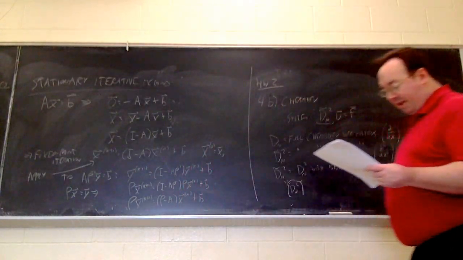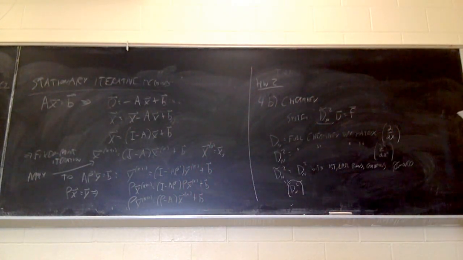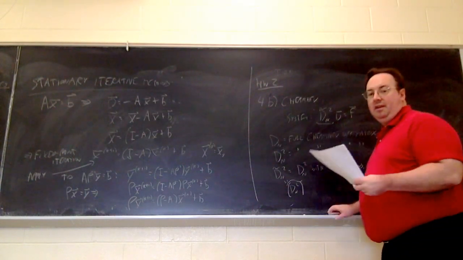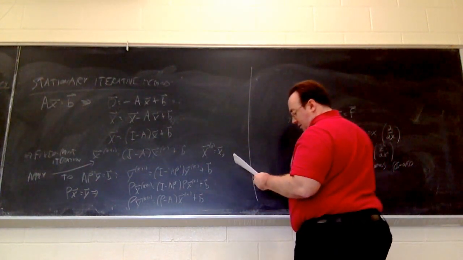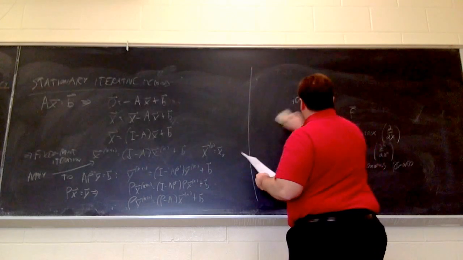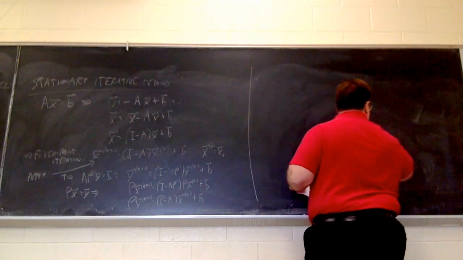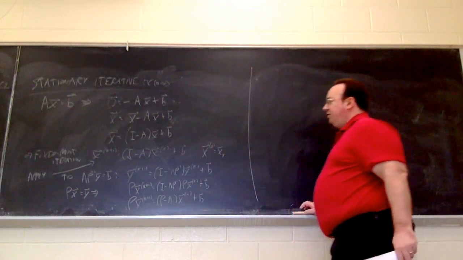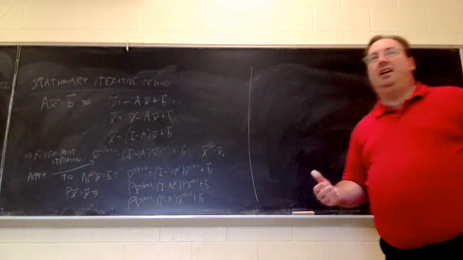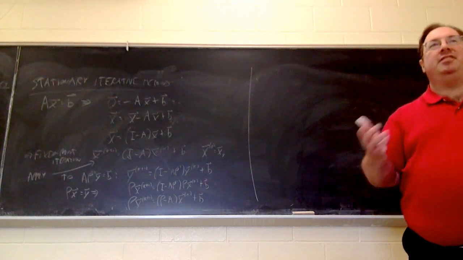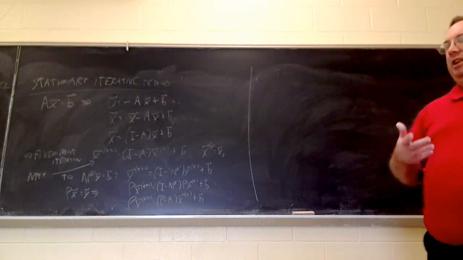Okay, so now I have this relationship. I should mention, if you recall from seeing iterative methods in 610, we always had a splitting, A equals M minus N, and we discussed teaching iterative methods that way.